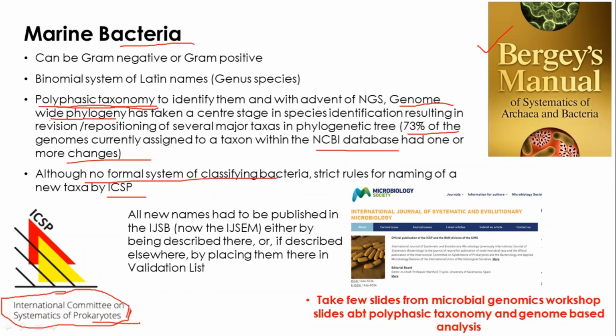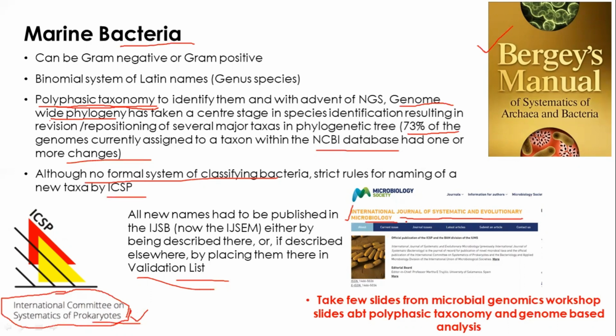It provides a full set of rules and regulations before you can name a species. However, one of the conditions in ICSP is that you have to publish any new bacteria in a particular journal. Unless you publish in this journal, either as a description or otherwise, you can describe it anywhere else, but you can put it in the validation list in this journal, the International Journal of Systematic and Evolutionary Microbiology.